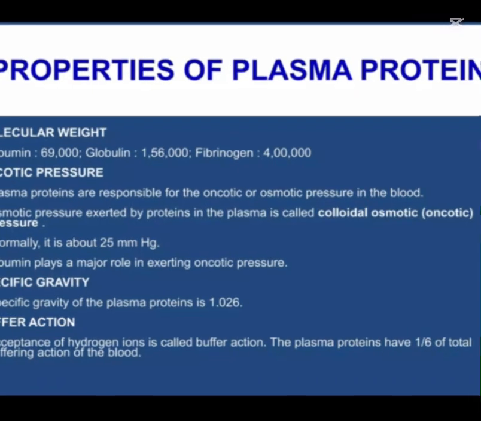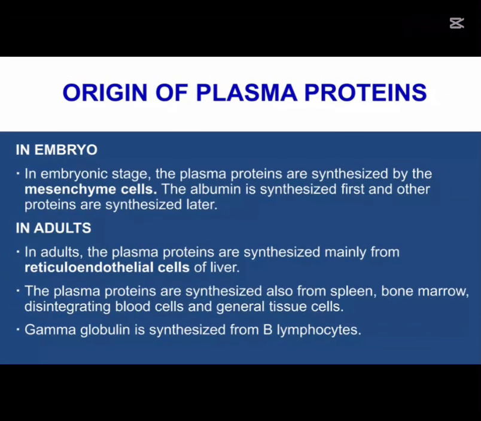What is the origin of plasma protein? Just like normal erythropoiesis, white blood cell formation and platelet formation, first of all, in the embryo, when the child is in the womb, it's formed from the mesenchyme cells. We call it the mesoblastic stage, where it's formed from the mesenchyme of the yolk sac, and albumin is formed first, while the others come later. In the adult, it is formed from the reticuloendothelial cells of the liver.